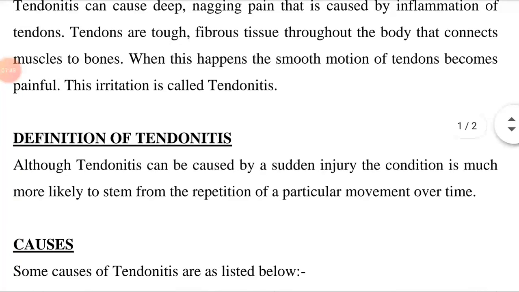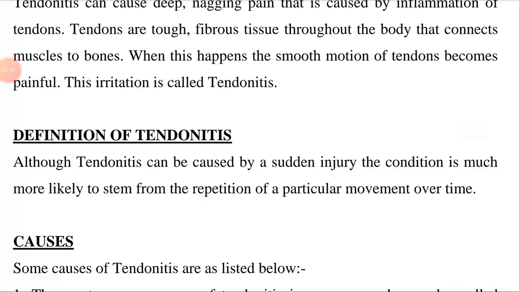Tendons are tough fibrous tissues throughout the body that connect muscles to bones, a flexible but inelastic cord of strong fibrous collagen tissue attaching muscle to bone, composed of bundles of white fibers between which are rows of connective cells. The fibrous tissue joins the muscle with bone throughout the body.